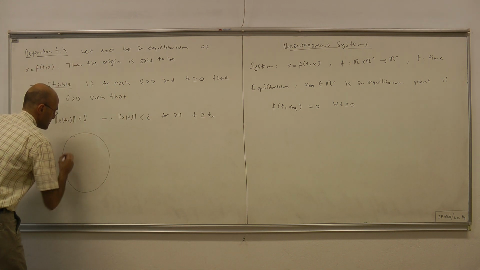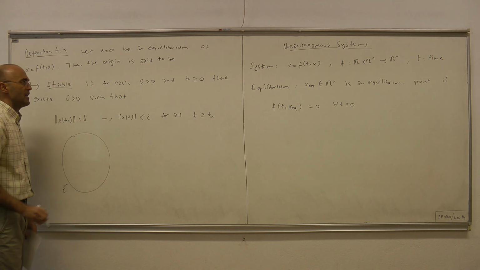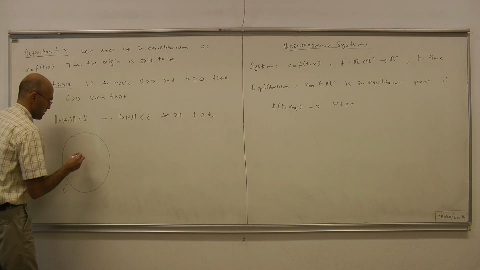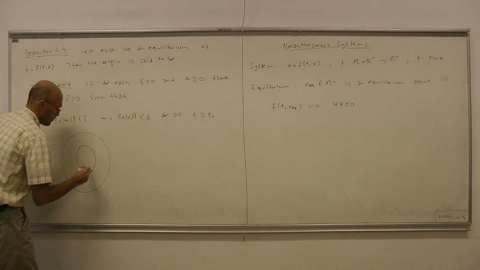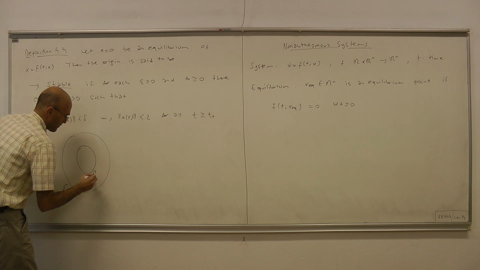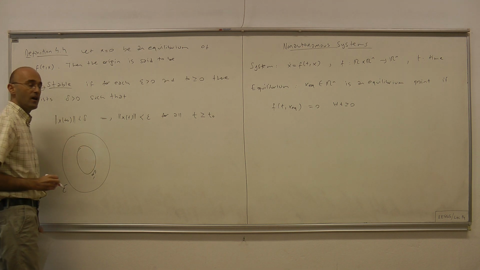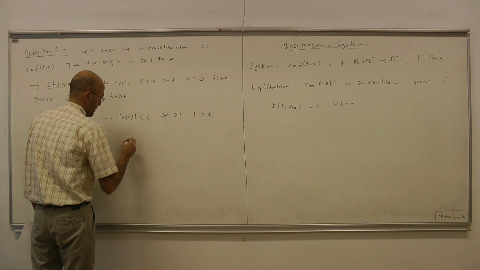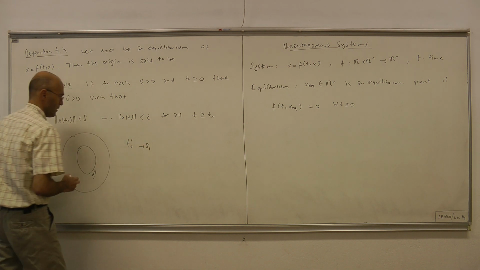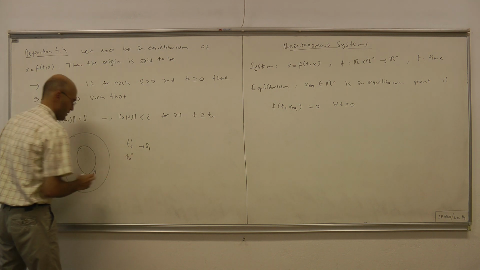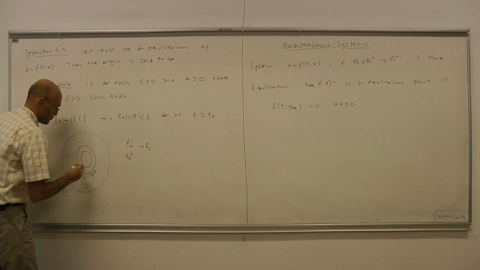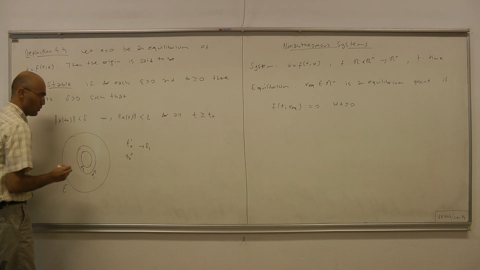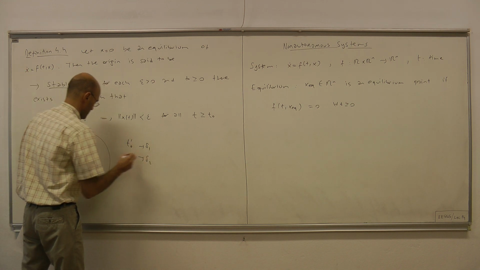So here is, let's say, an epsilon, and you give me some t0, and for that, I obtain a delta. This is the origin. And then for t0 prime, delta 1. And then for some other initial time, perhaps I have to find an even smaller delta, delta 2.